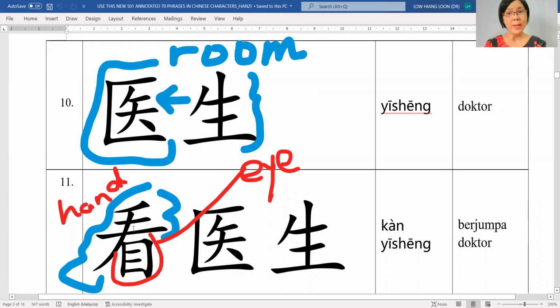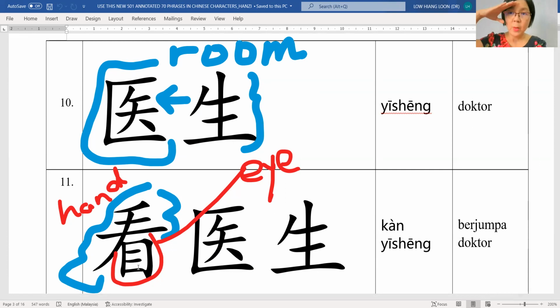And 11, the character of kan. Kan, you have learned it in level 2 as well. So actually the top left part is the hand, and then the lower part is the eye. When we want to see, we use the hand to cover our eye, mainly to reduce the sunlight that comes into your eye.